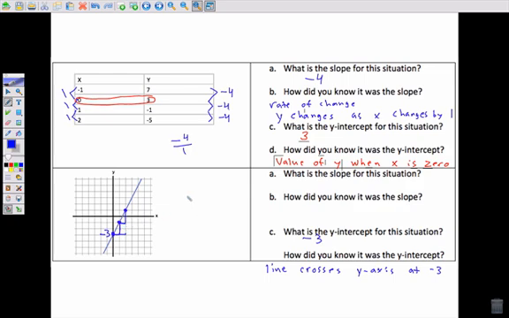And if we remember slope as the rise over the run, we can see here that we have a rise of 2 over a run, or a horizontal change, of 1. So our slope is 2 over 1, or just 2. Okay, and how did I know it was the slope? The rise is 2, the run is 1, so 2 over 1 equals 2. All right.